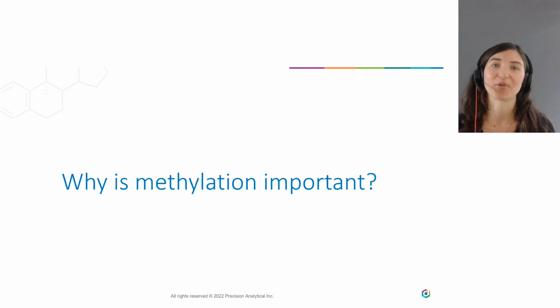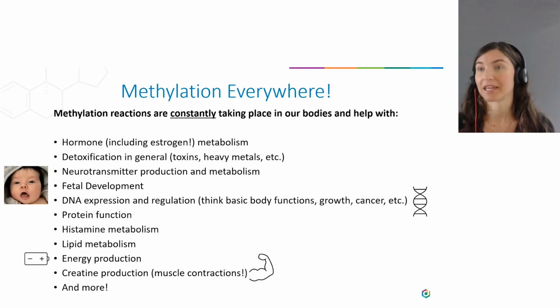And why is methylation important? Why do we have to methylate proteins? Why do we methylate DNA? So methylation is happening everywhere. Like as we are sitting here right now, we probably have a bajillion methylation reactions happening in our body. They're happening all the time. They are turning on and off genes. They're helping with our hormone detoxification.